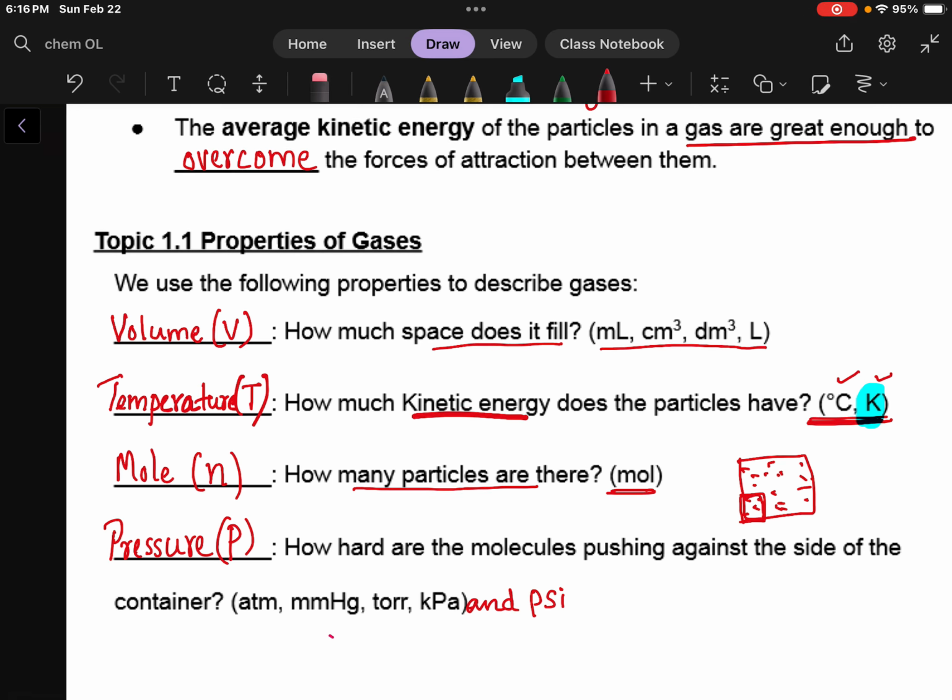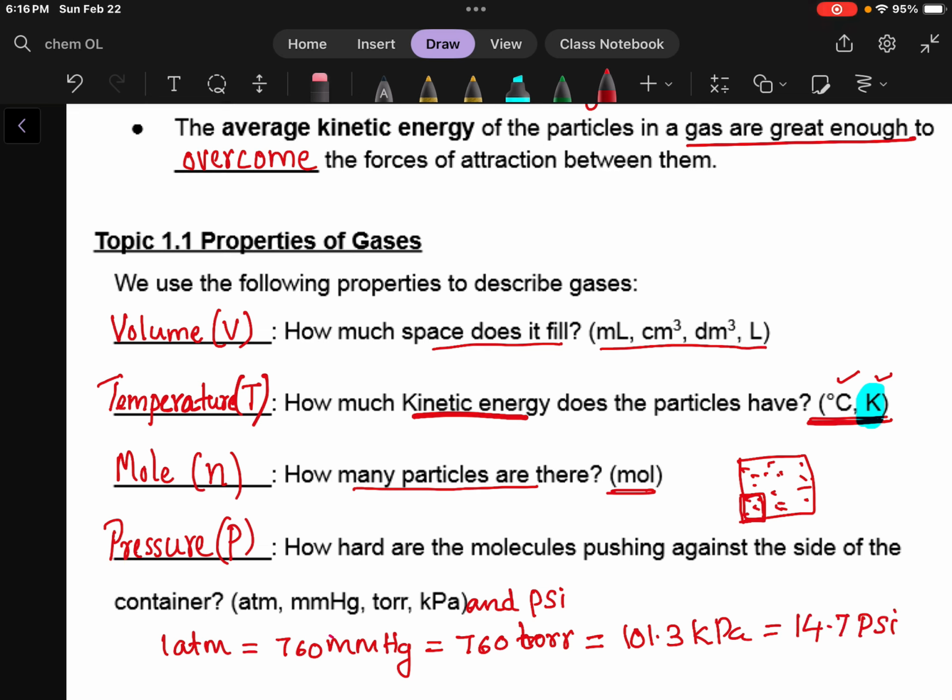Okay, you will see in your formula sheet that 1 atm is equal to all of these, they are all equal to each other. You don't need to do multiple conversions, just one conversion. Atm to millimeter of mercury or torr, they both have the same value, or 101.3 kPa, or 14.7 psi.